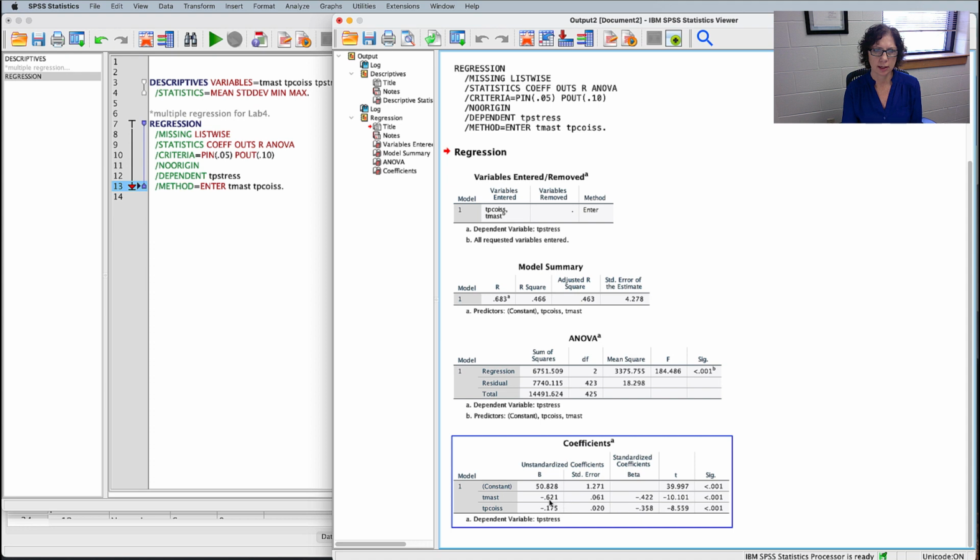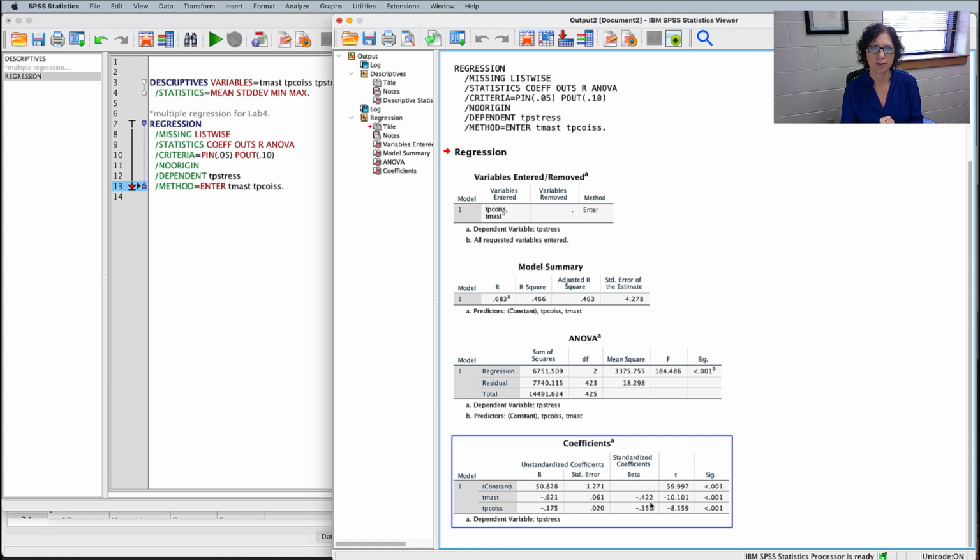We see that the unstandardized regression coefficient of negative 0.621, that's telling us that for every 1 unit increase in mastery, there's a decrease of 0.621 in total perceived stress. So the higher someone perceives that they have control over external events, the reduced perceived stress is predicted.